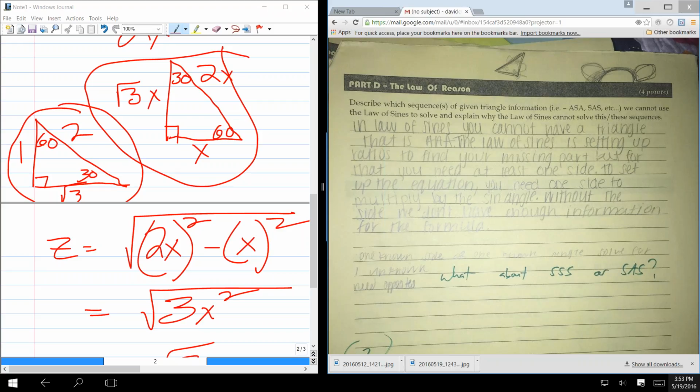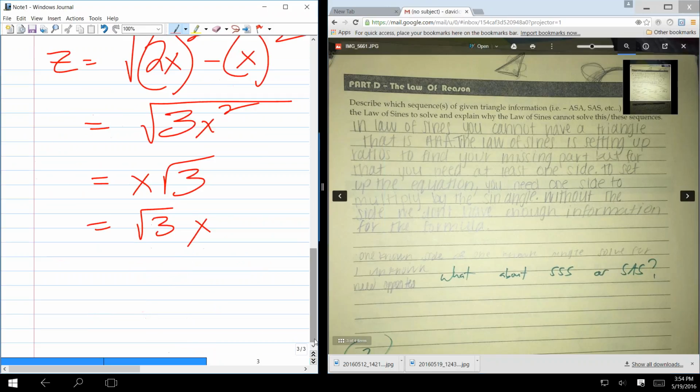In the law of sines, you cannot have a triangle that is angle, angle, angle. The law of sines is setting up a ratio to find your missing part, but you need one side to set up the equation.